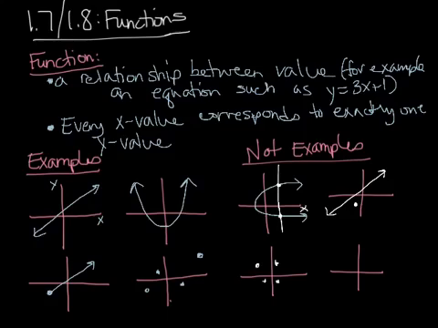Because of these 2 points that are right here and right here, those cause it to not be a function. And you'll also have anything that looks like that. Sometimes you're going to even have more than 2 points that would correspond to one x. So for example, if you right here draw a line through everything, you'll find that you hit 3 different points. So that's definitely not a function.